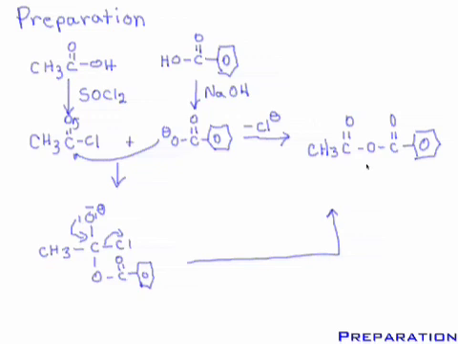A less efficient way, but it works as well, is if you use another anhydride to dehydrate a carboxylic acid. For example, we might take a molecule like benzoic acid and stir it up in the presence of acetic anhydride.